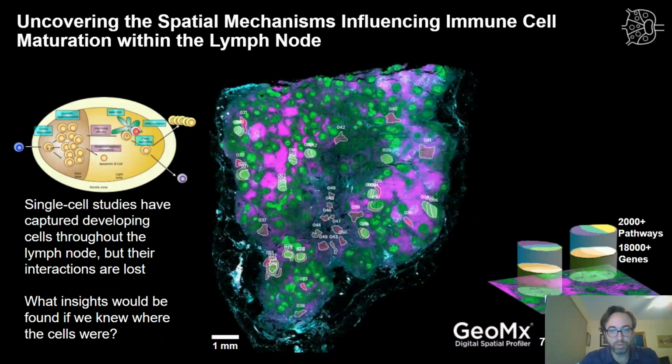And so what we found was there was one particular lymph node within our study that had a large number of germinal centers where we could identify the light zone and the dark zone by using staining for Ki67, CD20, and CD3.